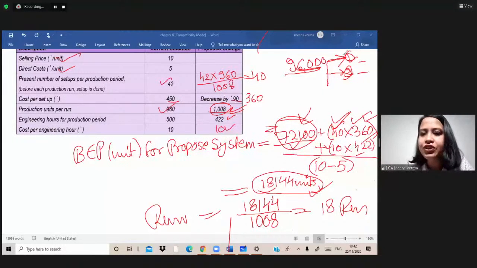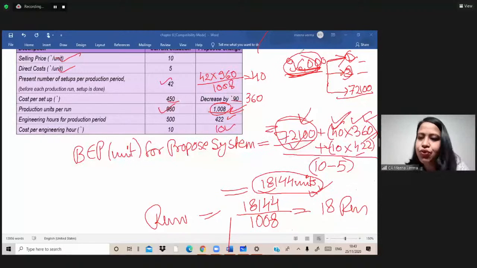Then after considering these two fixed costs, you will be left with the value of 72,100. And see, if you add these three values, you will get the same 96,000 value.